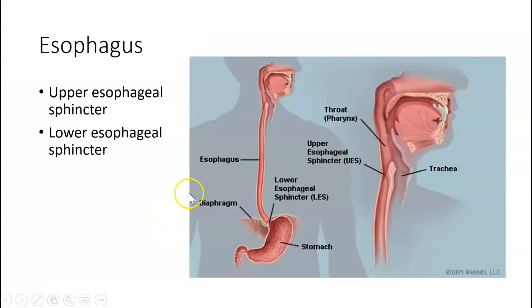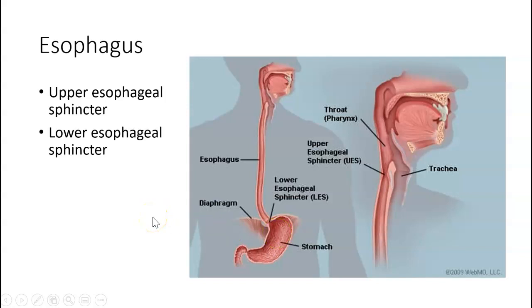Next is the esophagus, this long tube that's going to connect the laryngopharynx down to the stomach. There are two sphincters located in the esophagus: the upper esophageal sphincter, which is going to empty food from your pharynx down into the esophagus, and the lower esophageal sphincter, which is going to open up and allow food from the esophagus into the stomach.